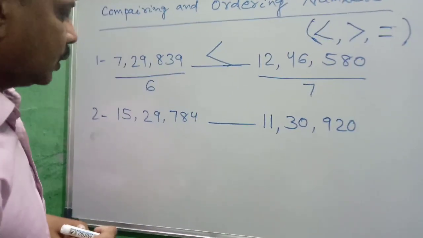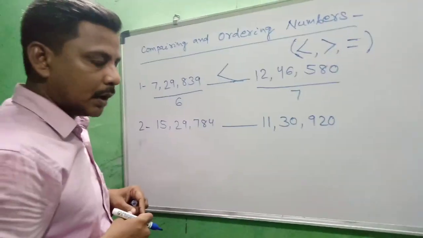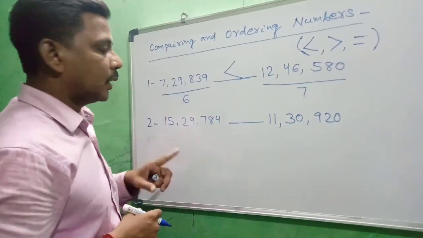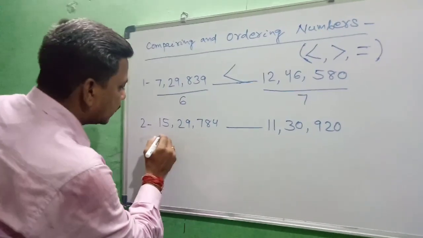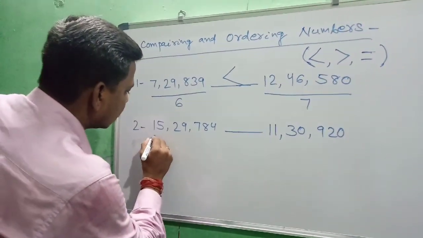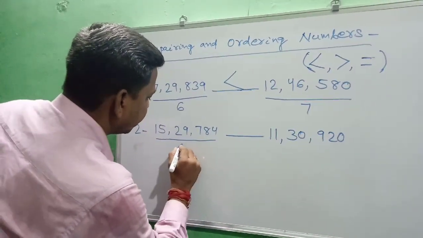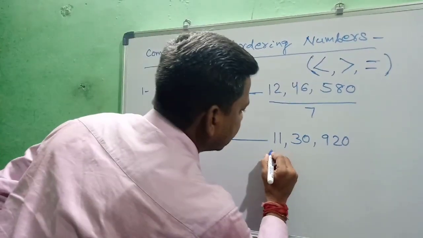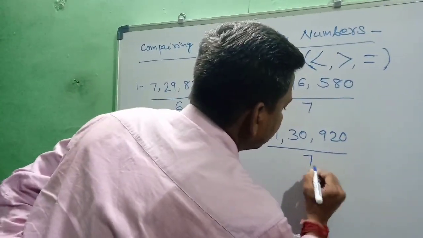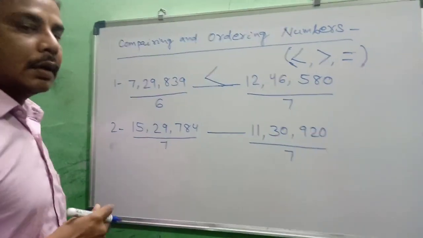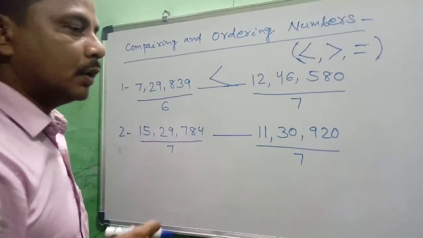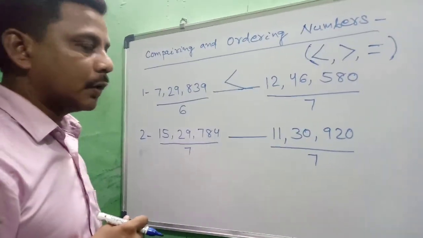In both the numbers, first we have to count the number of digits each number carries. Each number carries 7 digits. Here is also 7 digits. Both have an equal number of digits. So now we have to look at the places.